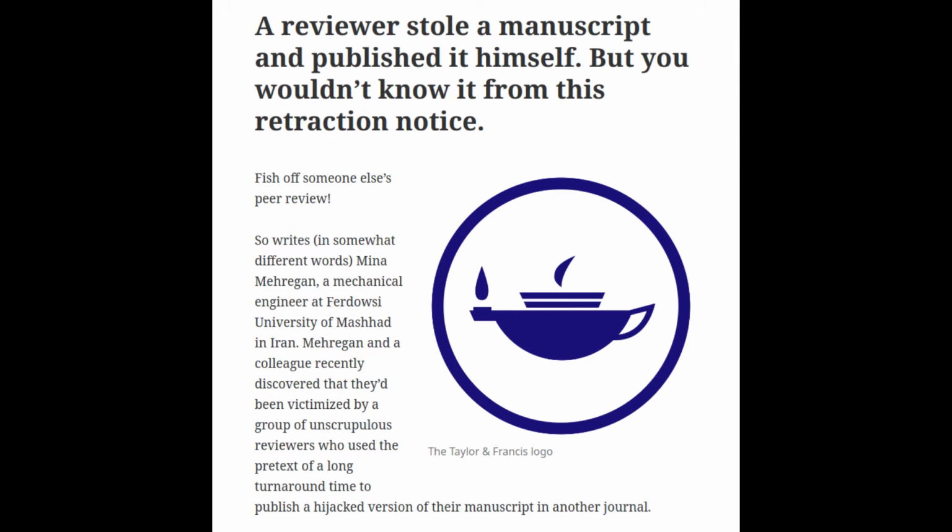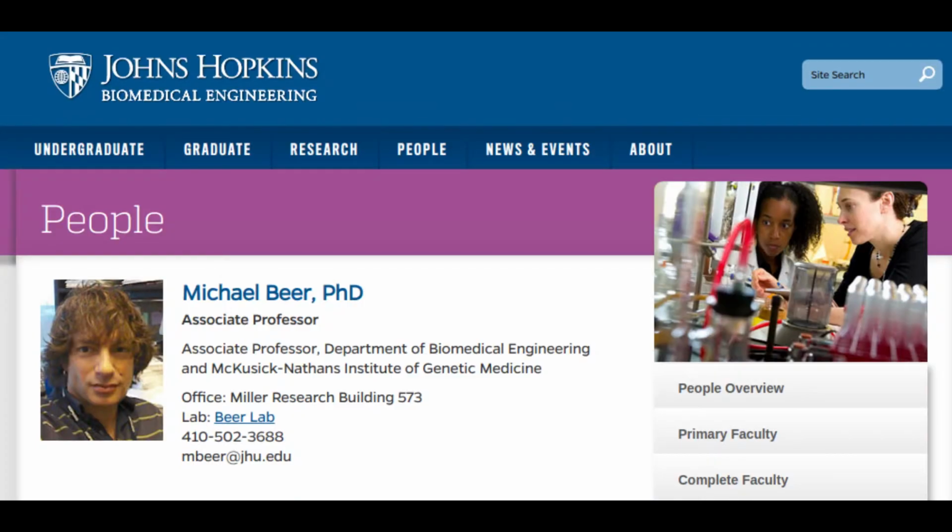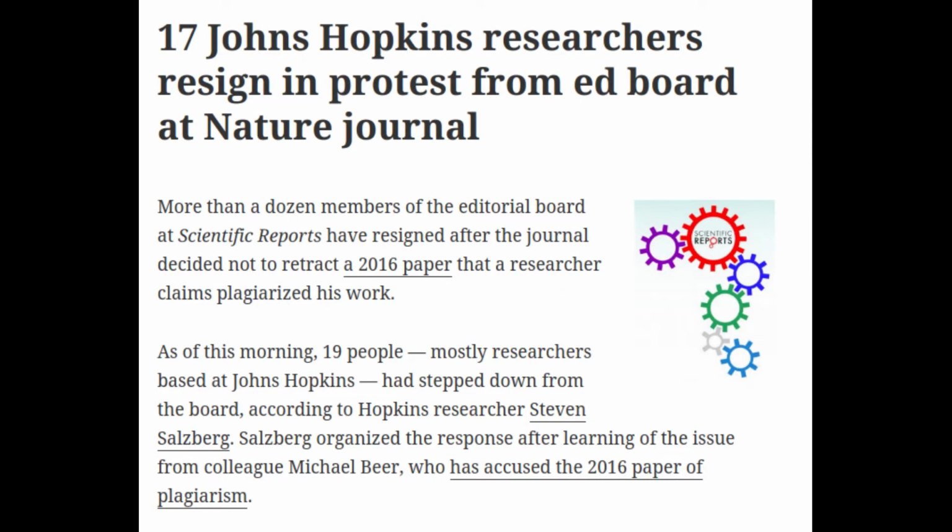Most times, a well-evidenced case will lead to retraction, but in others, you get a case like that of Michael Beer from Johns Hopkins University. He is a geneticist, and his case involved analytical software and plagiarism. Beer claimed that large parts of his 2016 paper were taken, mildly reworded to make them less obviously plagiarized.